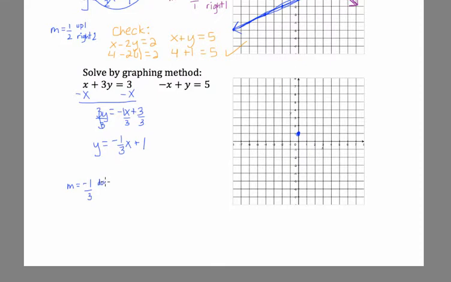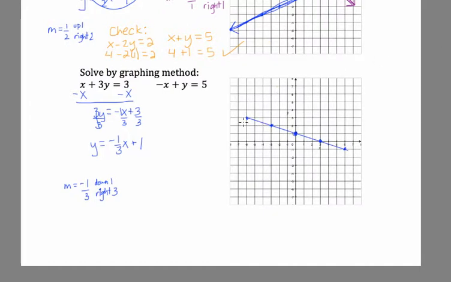I'll go down 1, right 3. Same pattern backwards. Next line.